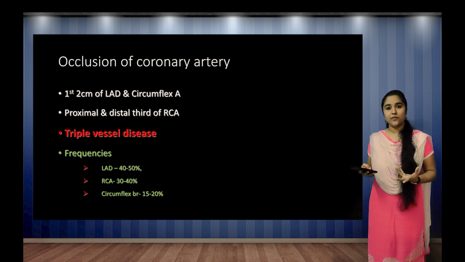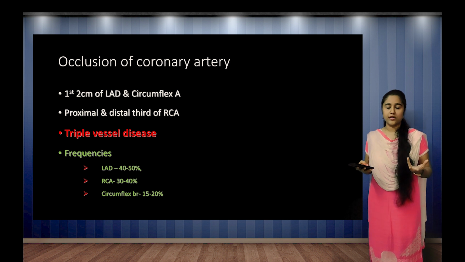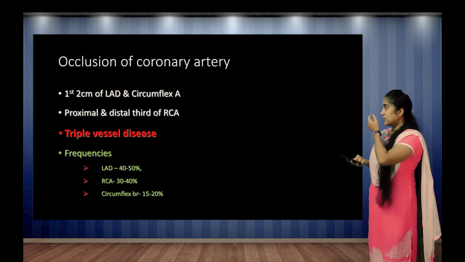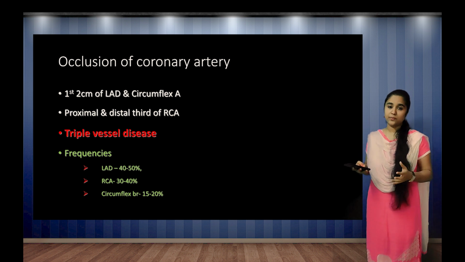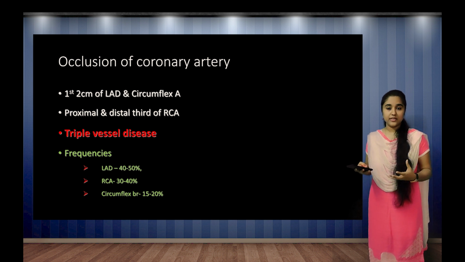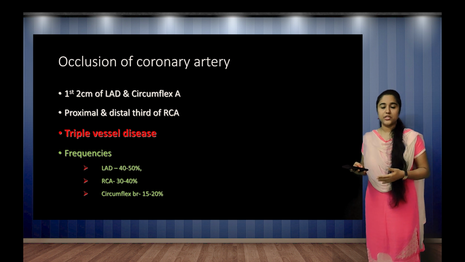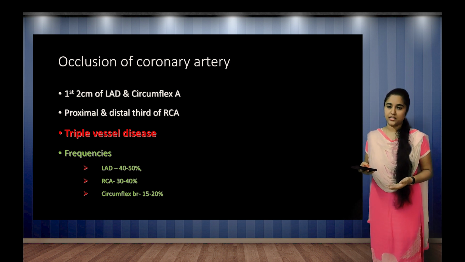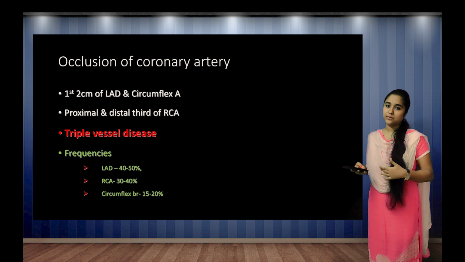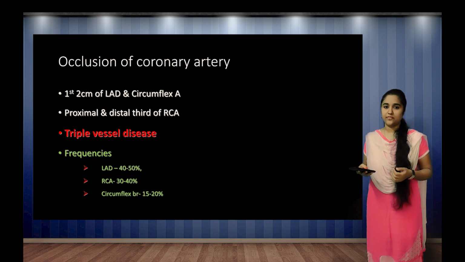In 40 to 50% of patients, the left anterior descending artery is affected, in 30 to 40% the right coronary artery is affected, and in 15 to 20% the circumflex artery is affected.